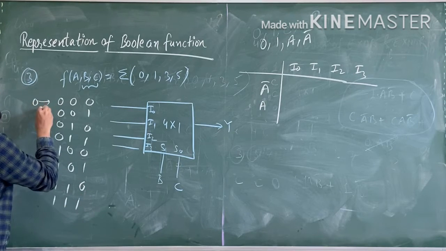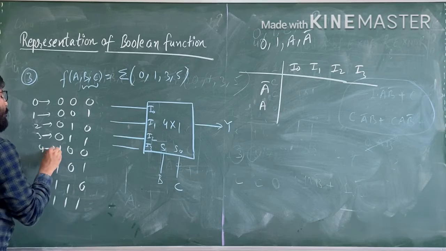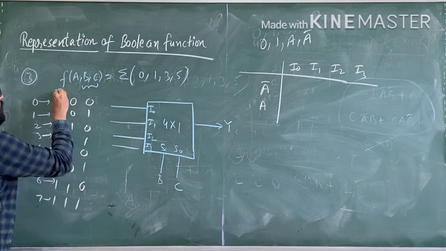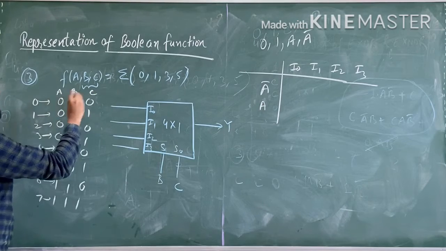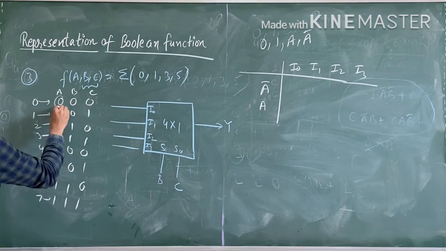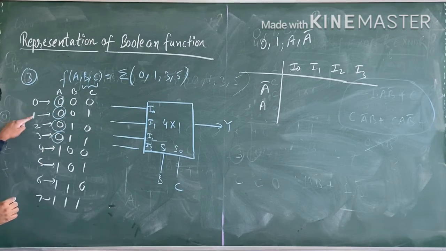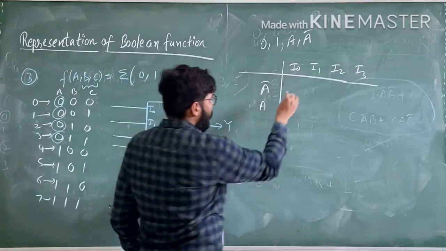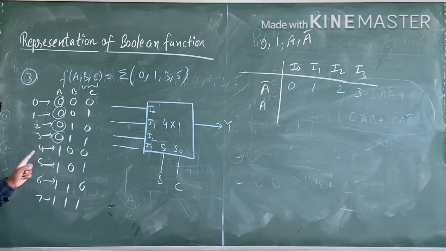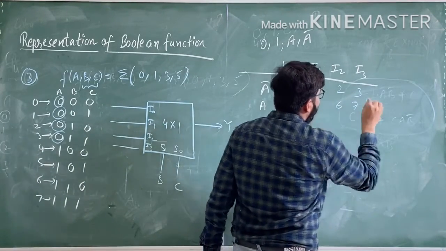This is 0 position, this is 1 position, 2, 3, 4, 5, 6 and 7. This is the A value, this is the B value, C. Now see, you have to write A complement. A complement is present here, here, here, here. So you represent 0, 1, 2, 3. And A without complement is 4, 5, 6, 7.